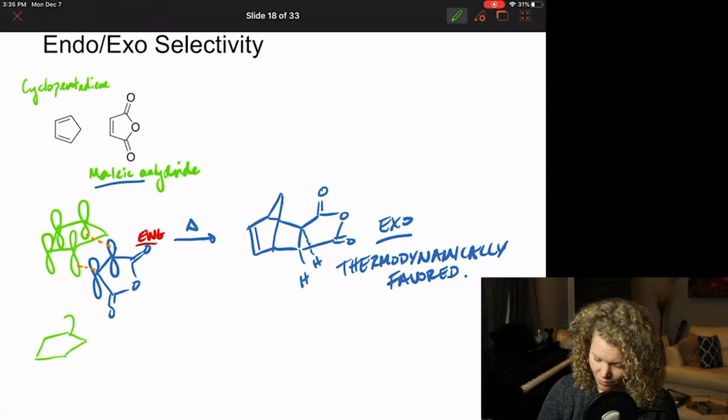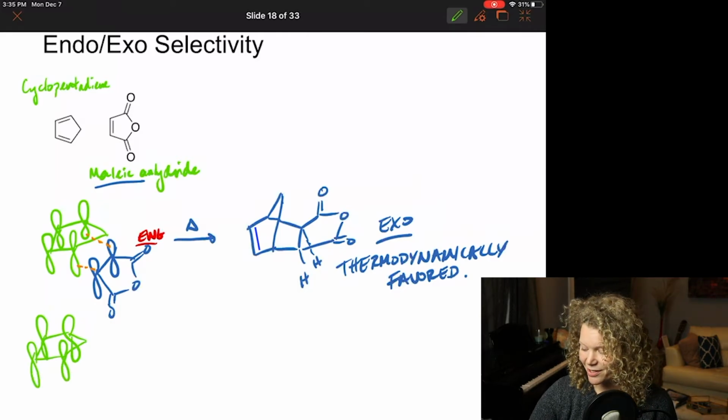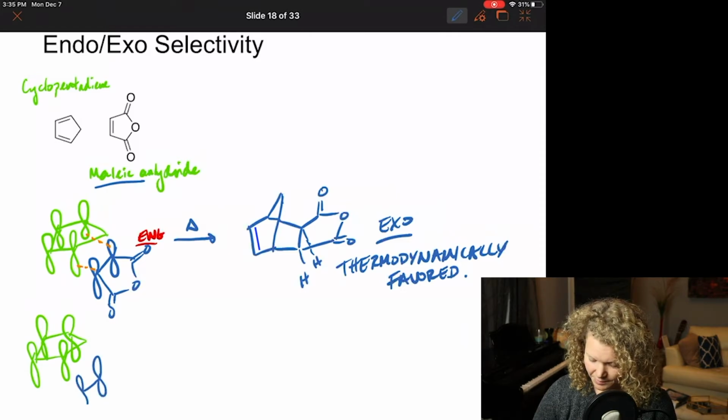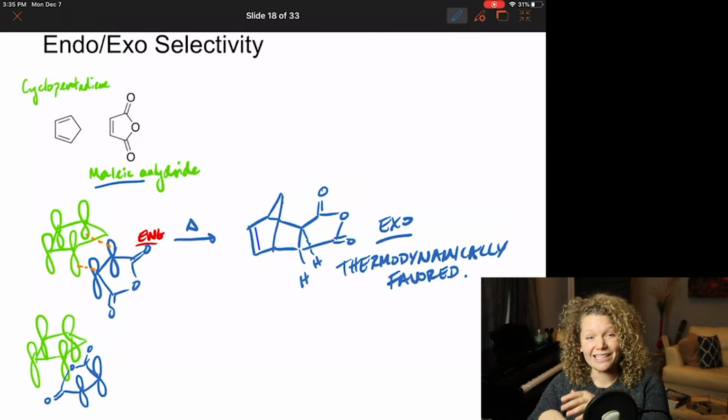So we're going to have our p orbitals. This is our diene, and then our dienophile is going to be directly underneath it.